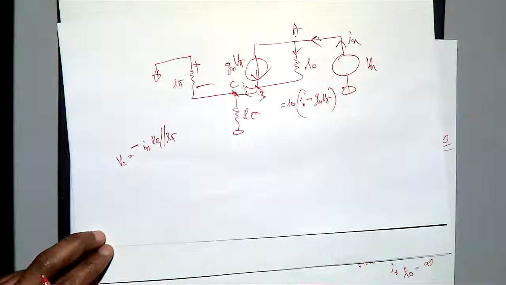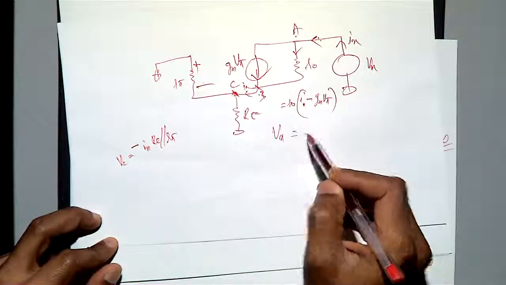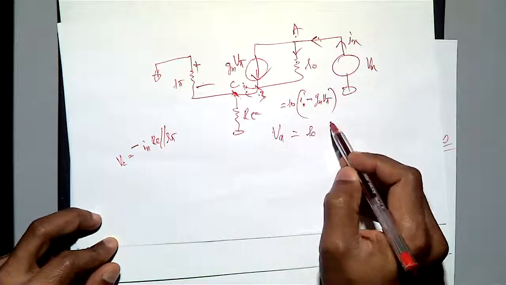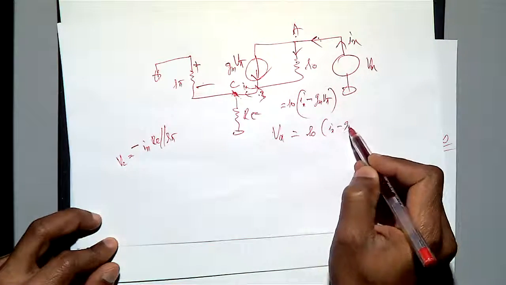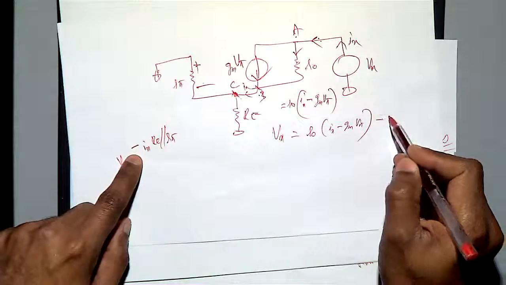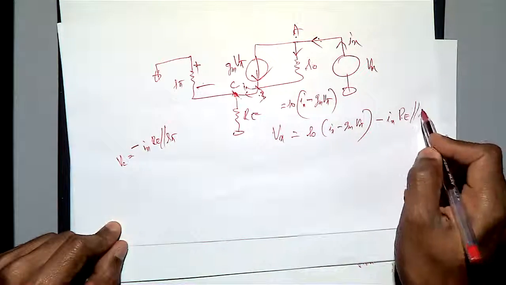You know what I meant? Then when you write the equation by Kirchhoff's law, Vx equals the voltage here, that is equal to Ro into Ix minus gm into V pi, then minus Ix into Re parallel r pi.